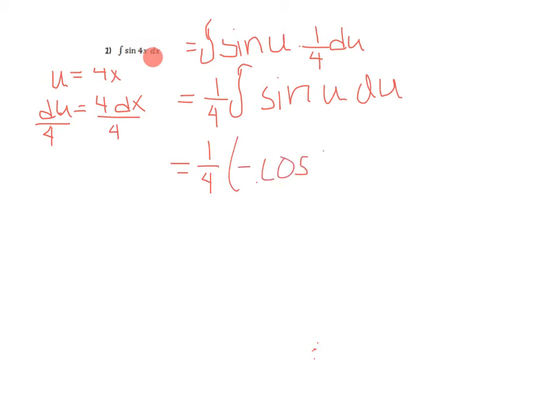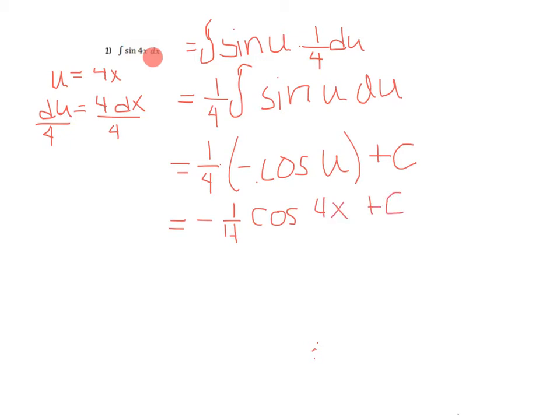And I'm using parentheses in order to avoid the mistake of making a product a subtraction. And remember that we have to add the constant. So this would be negative 1/4 times cosine of 4x plus the constant.